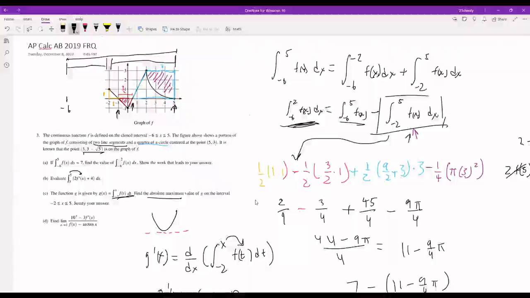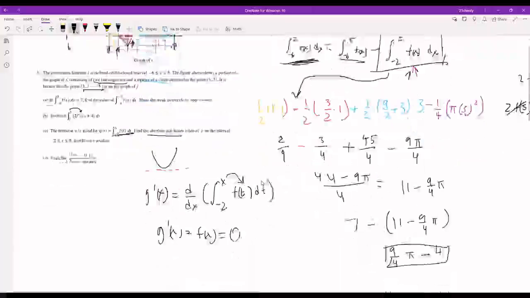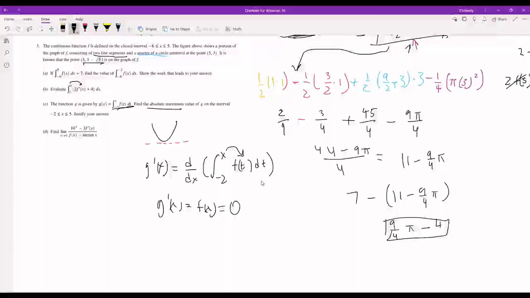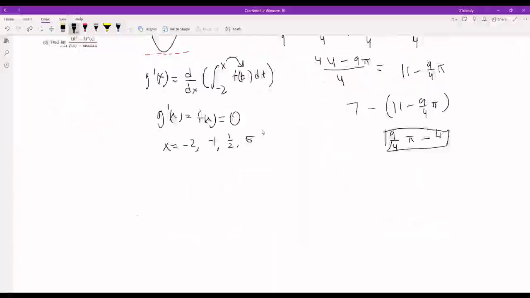And we also have to look at the endpoints since it's an absolute maximum. So x equals -2, -1, 1/2, or 5. Now we just test all these values. I'll do those over here: g of -2, g of -1, g of 1/2, and g of 5.